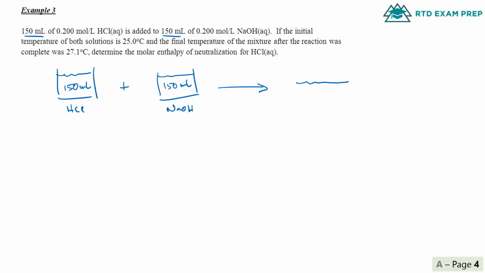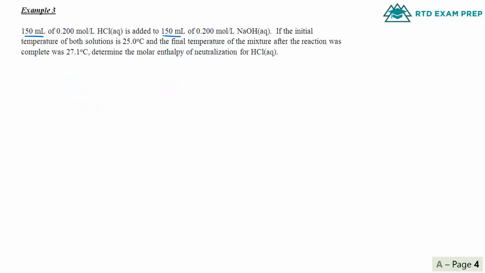So just like before, we're going to organize our solution under a surroundings heading and a system heading. All right, so we just talked about how the mass of H2O, and this goes under our surroundings heading, is going to be the combined volume of these two solutions.